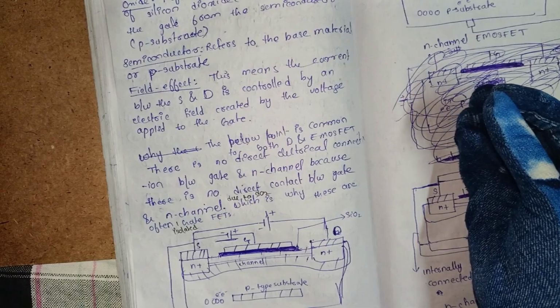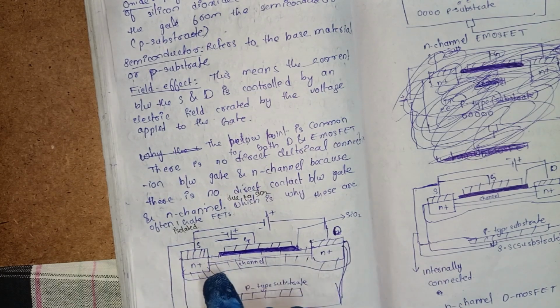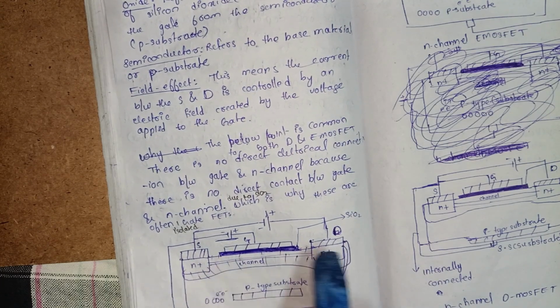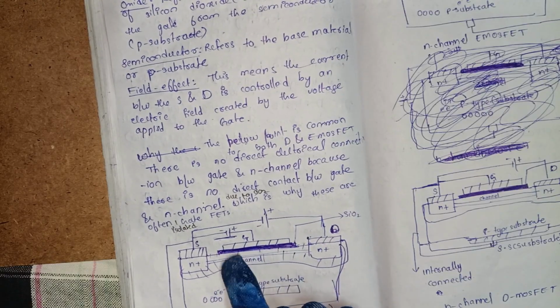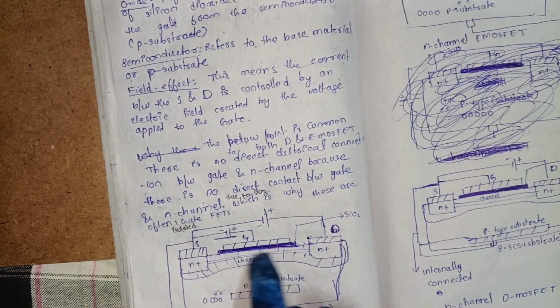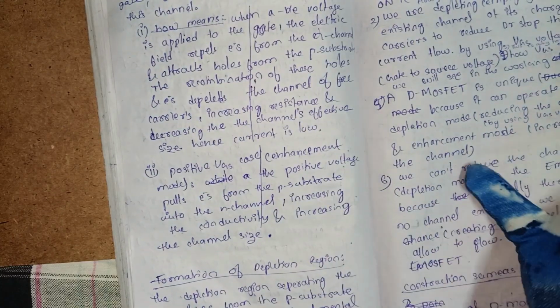According to what we know, the depletion layers should form around the n plus regions only. Why is the depletion region around the n channel also? Here I am explaining this.